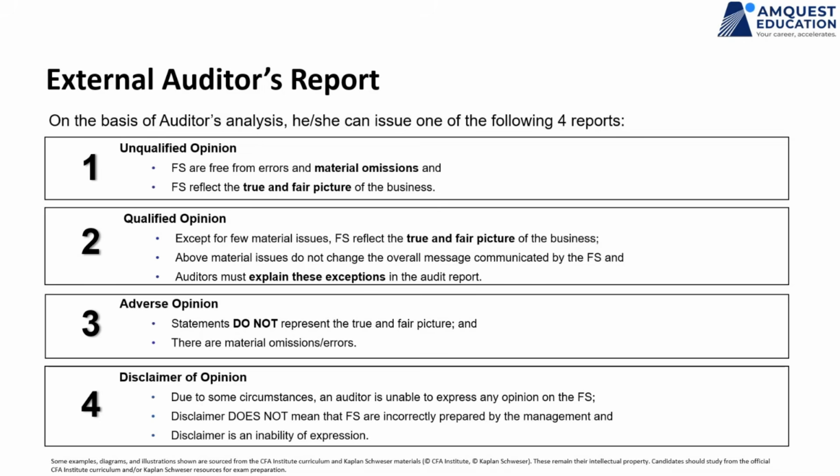The auditor is trying to tell you the financial statements are free from errors and material omissions, and they represent a true and fair picture of the business, which means if your company gets an unqualified opinion, that is the best. You're doing great as a business. You're not hiding any information. No misrepresentation of data has been done. Everything has been presented fairly. So unqualified opinion is the best opinion.